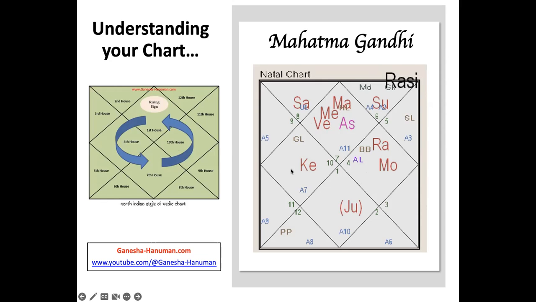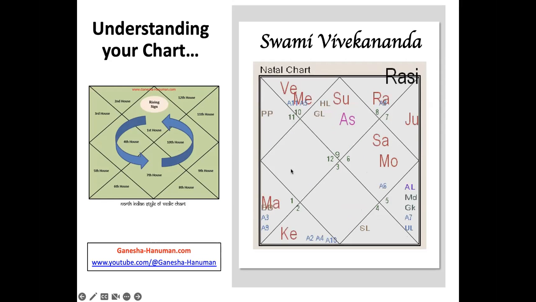Let's take another example. This is Swami Vivekananda's chart. So remember, houses are always fixed. First house, second house, third house, fourth house, fifth house, like that. The numbers are the signs. So number 9 is Sagittarius, number 10 is Capricorn.